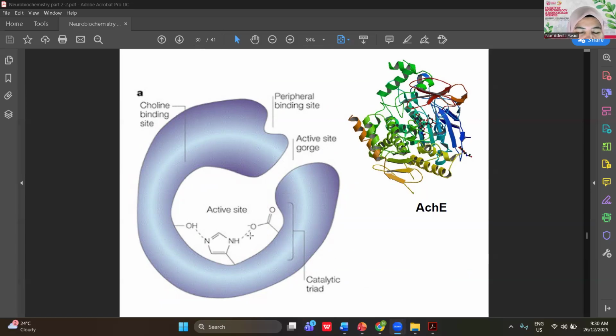Look at how the acetylcholine binds at the anionic site of the enzyme through electrostatic attraction, and this positions acetylcholine for hydrolysis. Then hydrolysis occurs at the esteratic site.